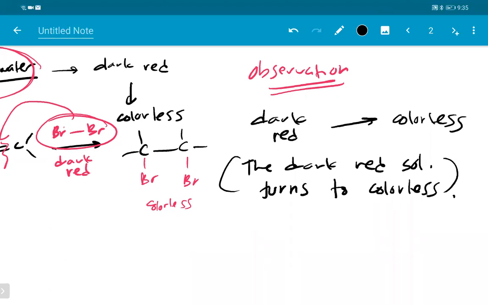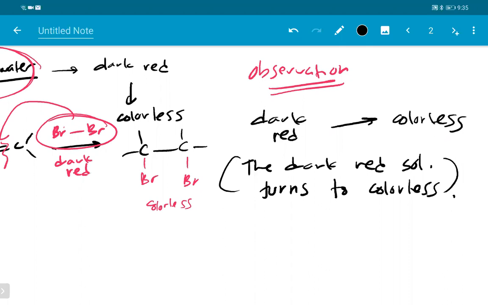Alright, can anyone tell me how to write the observation if there is no changes? The solution remains the same. The same tu macam mana? No color changes. No color changes daripada color apa? Red, dark red.